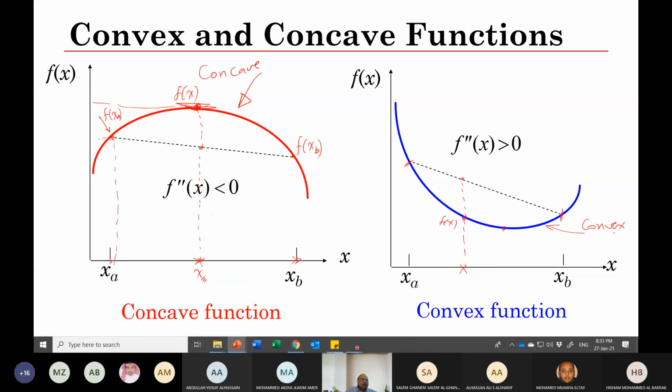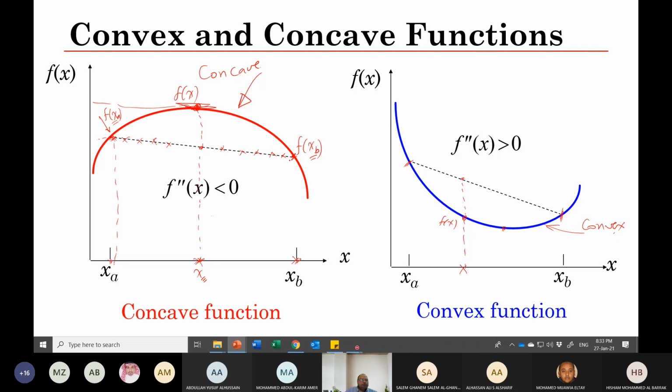If you interpolate between f of XA and f of XB, if this is the line in between, any point here is the interpolation between f of XA and f of XB.